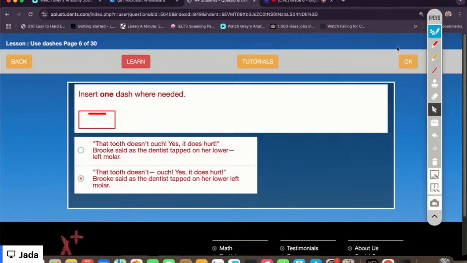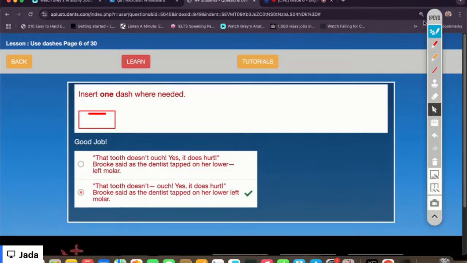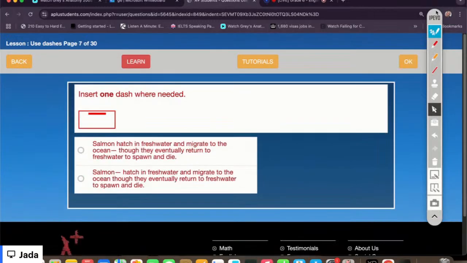So we have what? The second. Salmon hatch in freshwater and migrate to the ocean, though they eventually return to freshwater to spawn and die. First or second?